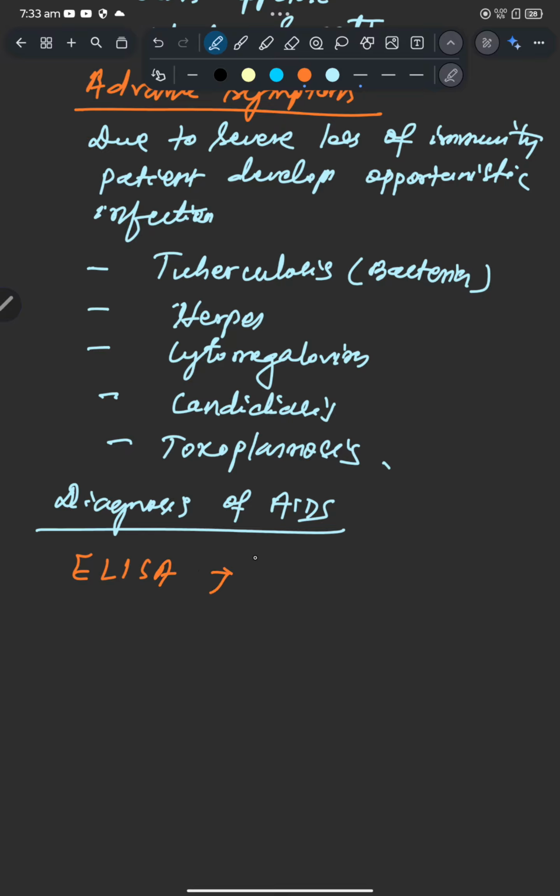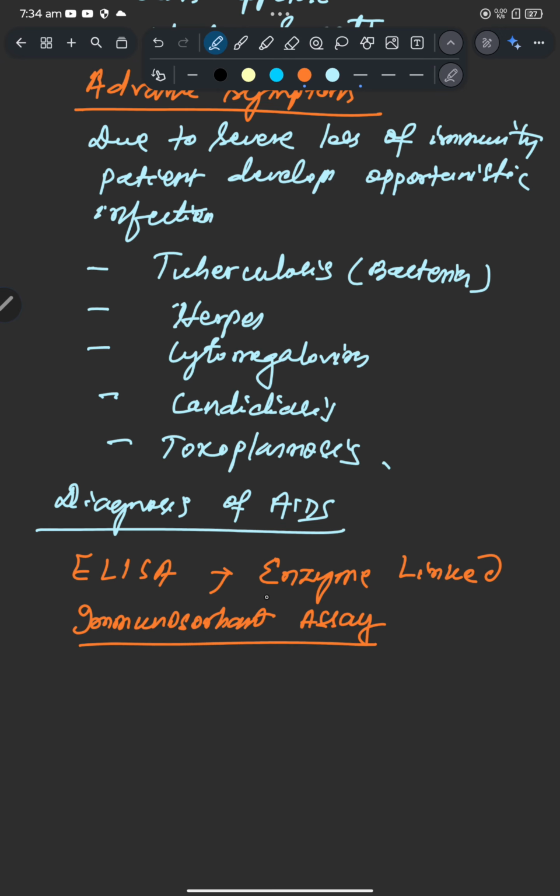The full form is enzyme linked immunosorbent assay. ऐसे का स्पेलिंग देखो. It is the full form of ELISA. Okay. And it is most commonly used in detection of antibodies against HIV.